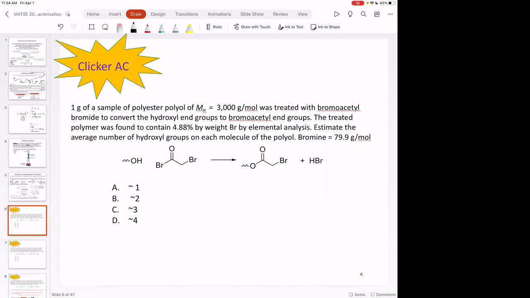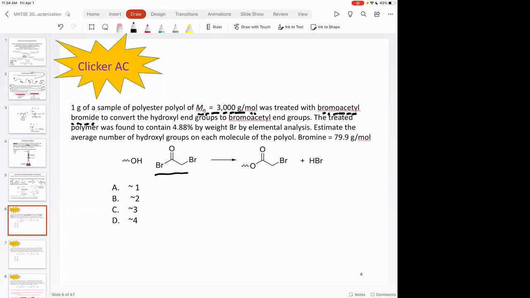Okay, so what this problem looks like is, we'll generally say something like this. There's 1 gram of a sample of polyester polyol, and you don't necessarily need to know what that is, with an Mn of 3,000 grams per mole. Great. We treated it with bromoacetyl bromide. You don't need to memorize that.